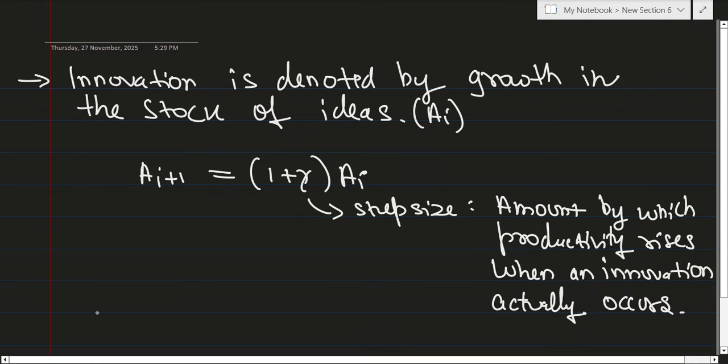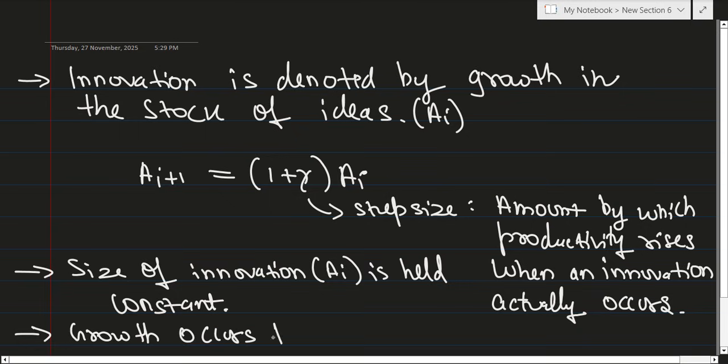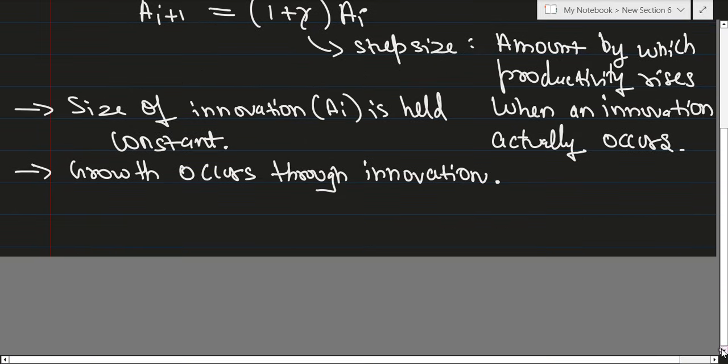Now one more important thing: the size of innovation, that is gamma, is held constant, and growth occurs through innovation. This is the basic crux of this Schumpeterian model.